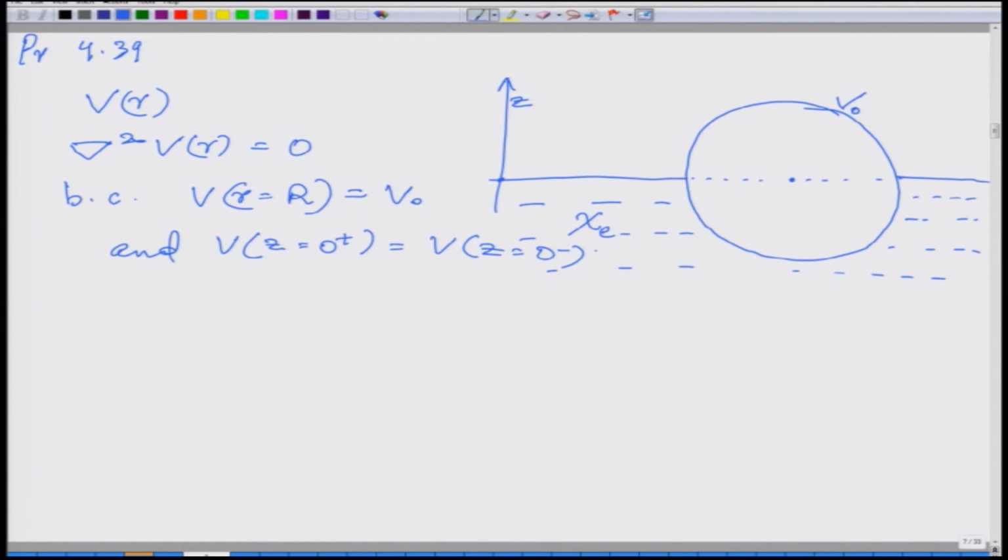Okay, so there can be only one unique solution for this, which is nothing but V(r) equal to V naught R by r, where R here is the radius of the sphere.